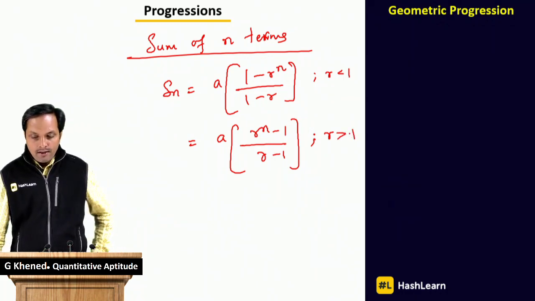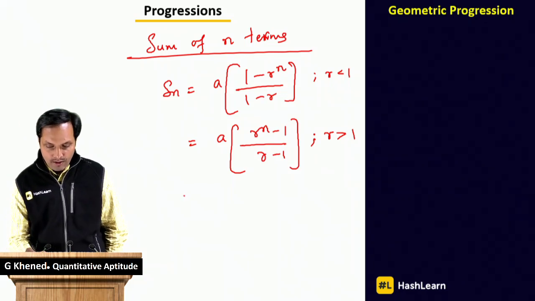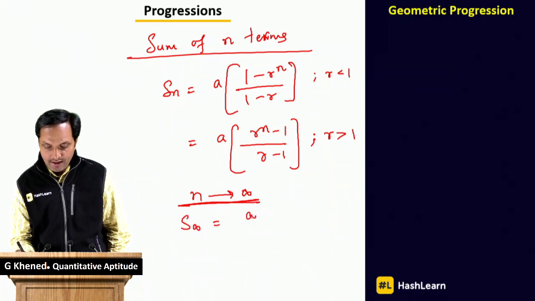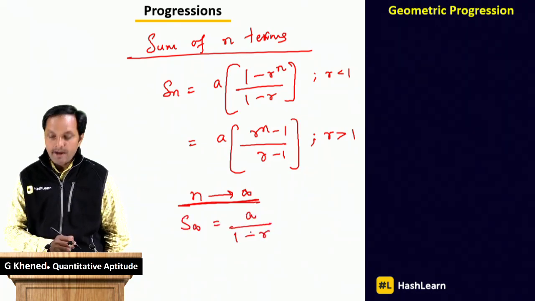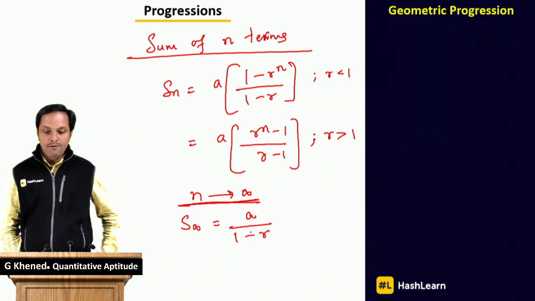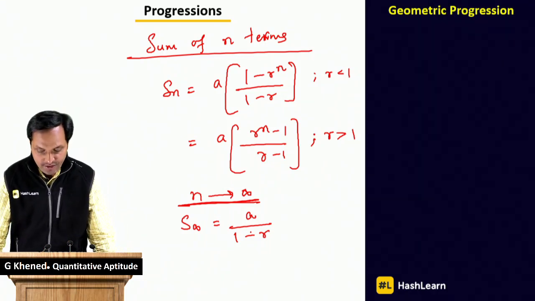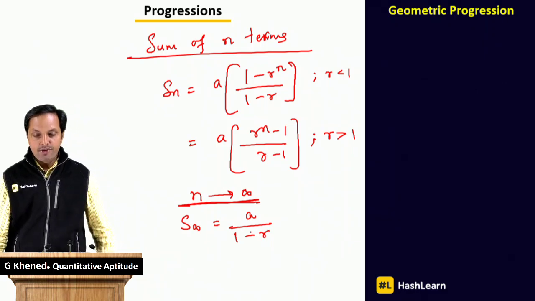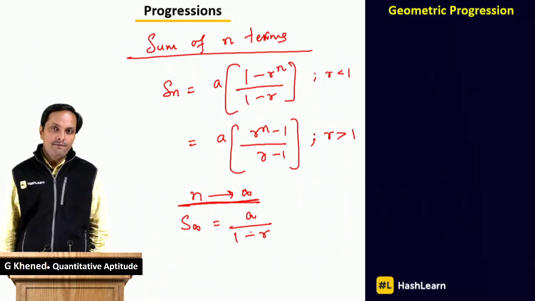You have one more formula when n is tending to infinity. The sum of infinite terms in a GP is given by a divided by 1 minus r, where r is the common ratio and a is the first term.